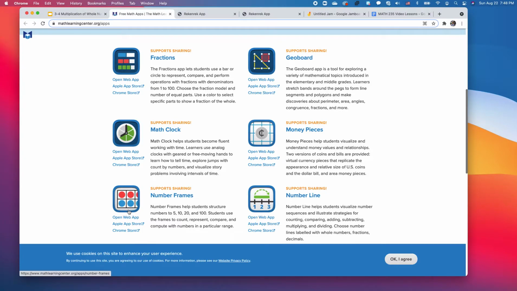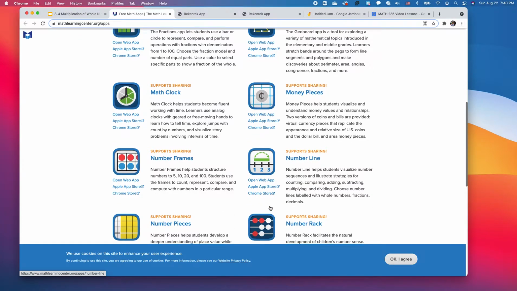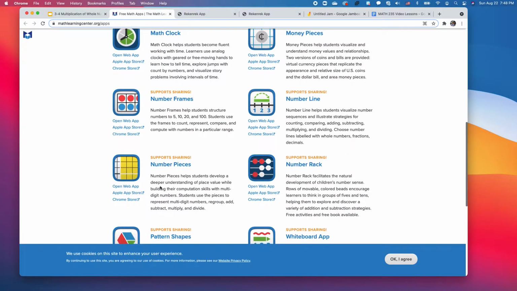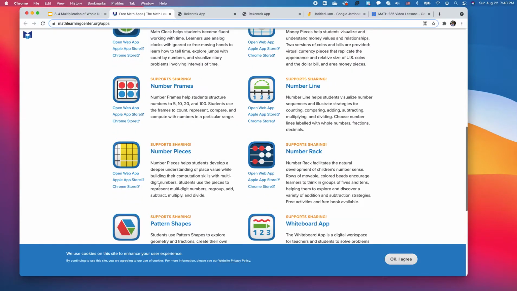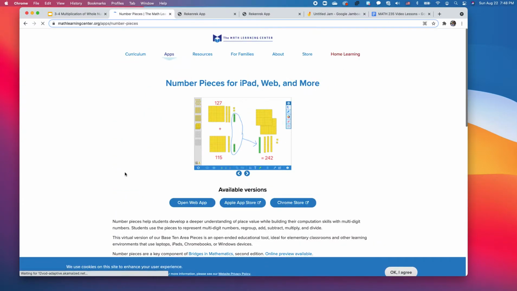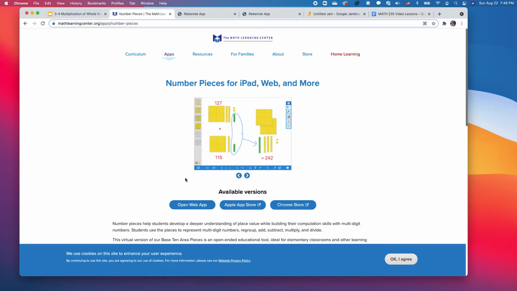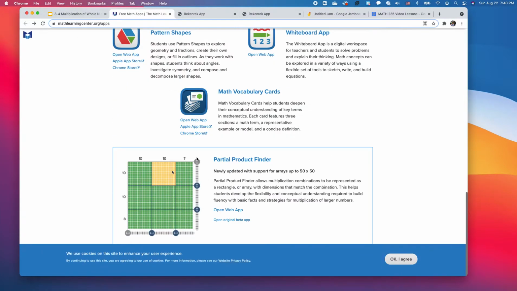You might have already read that article for number frame, ten frame, number lines there. A lot of good things, number rack, number pieces, etc. And I will use this one. Oh, partial product here. This one is what I wanted to show you.